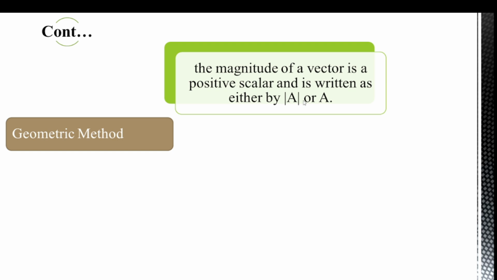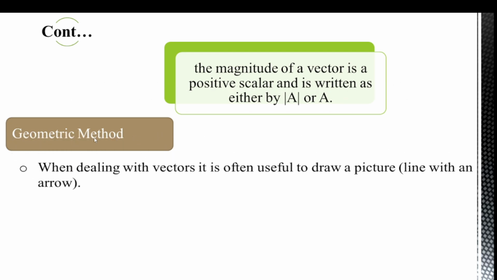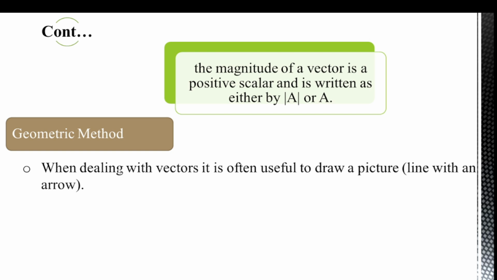Another technique or method, as what we have discussed earlier, is the geometric method. By using a geometric method, we can narrate our vector in depth, in detail. Great. When dealing with vectors, it is often useful to draw a picture.